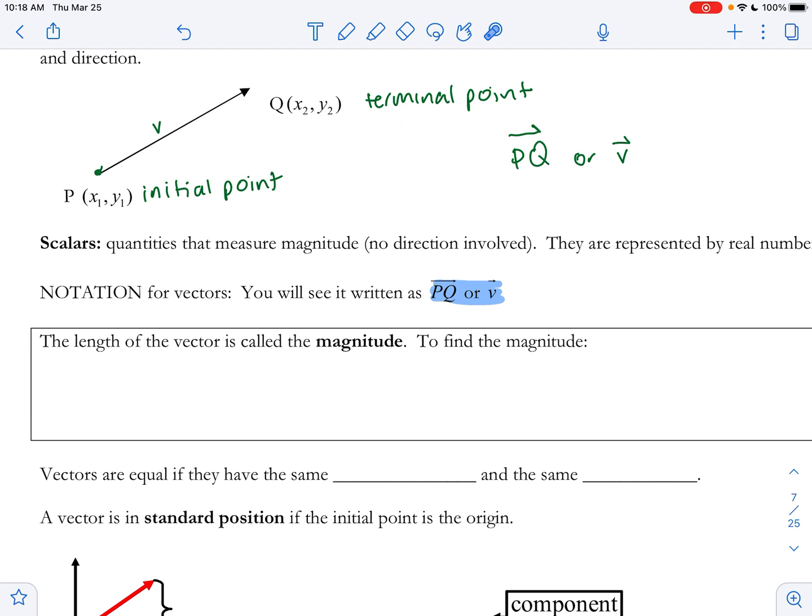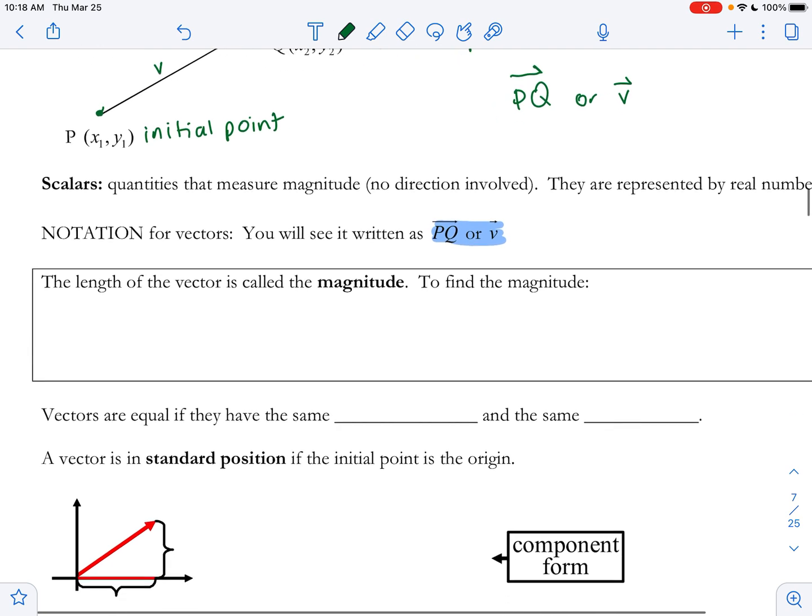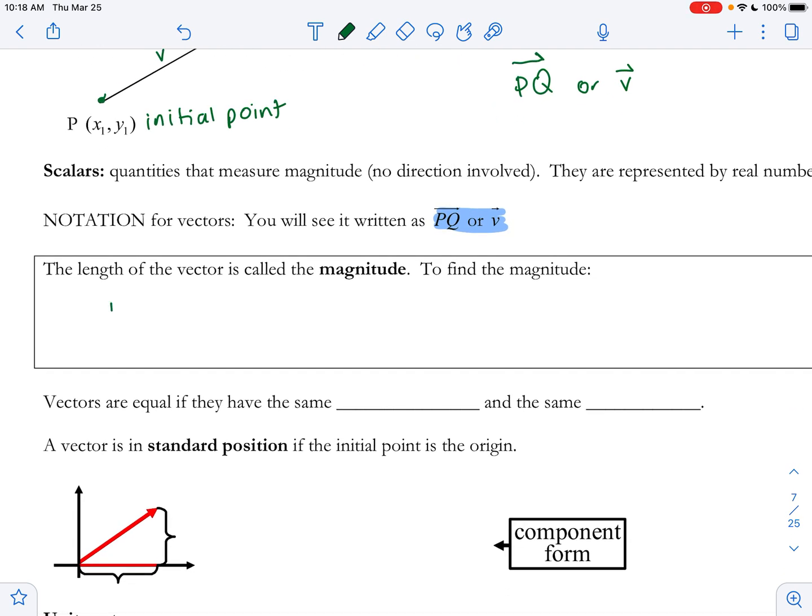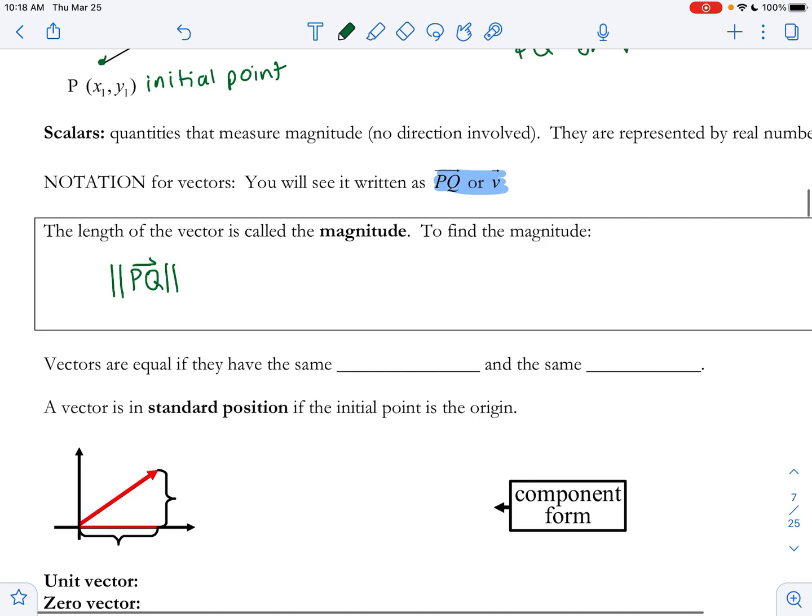It led us to the distance formula. So the magnitude of a vector is usually written with double absolute value bars. That's the notation for magnitude, and it can be found by the distance formula if we have the coordinate points: change in x, x2 minus x1, squared, plus change in y squared.